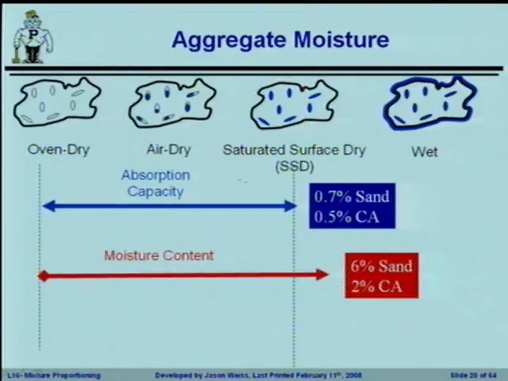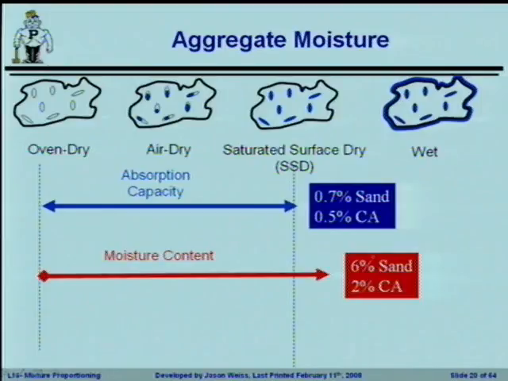And what you will notice is that our sand was 0.7. It's in a state where it's 0.7, but 0.5 was our absorption capacity.